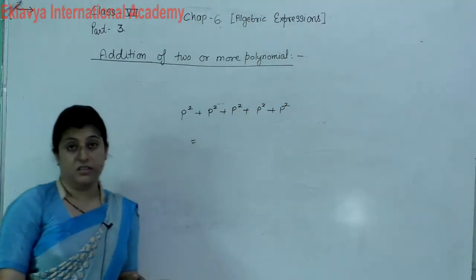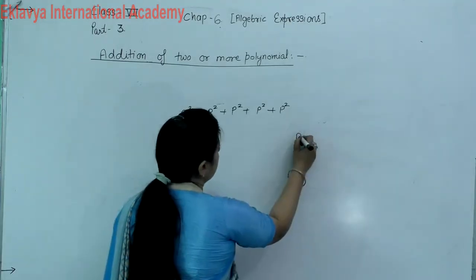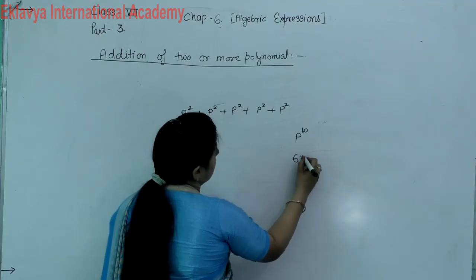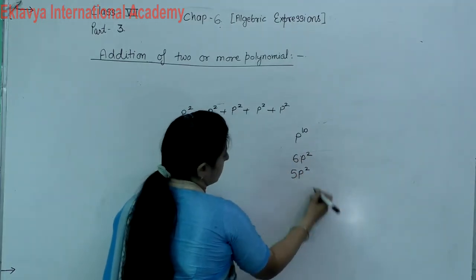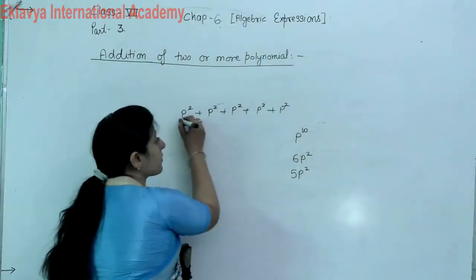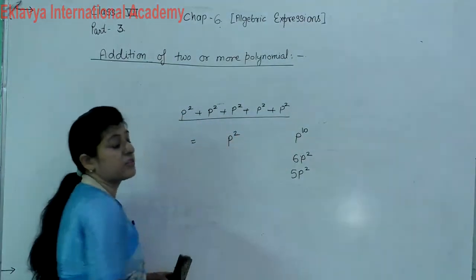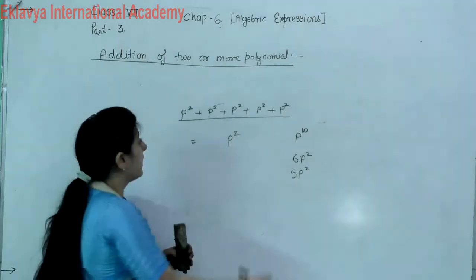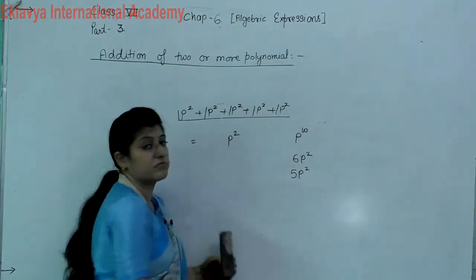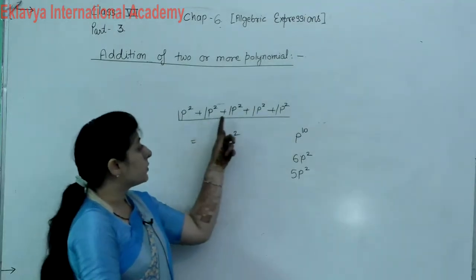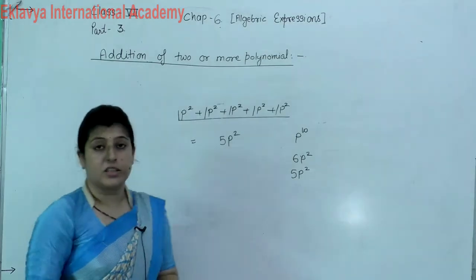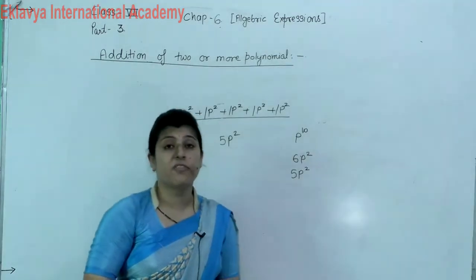Is the answer p power 2 to 4 to 6 to 8 to 10, or 6p square, or 5p square? We are doing addition. It means all the terms are the same, so it comes to 5p square. 1, 2, 3, nothing is written, it means there is 1. Then add it, 1, 2, 3, 4, 5. Then how many p square? 5p square. Your answer will be 5p square.